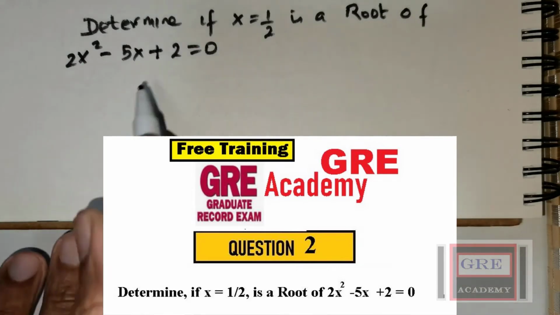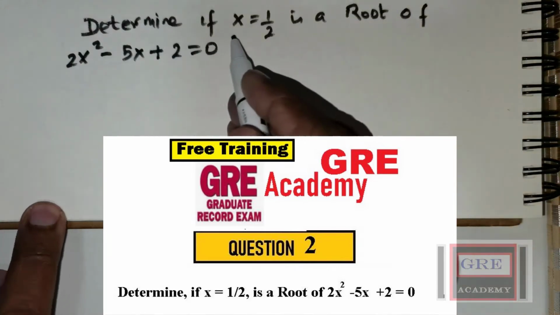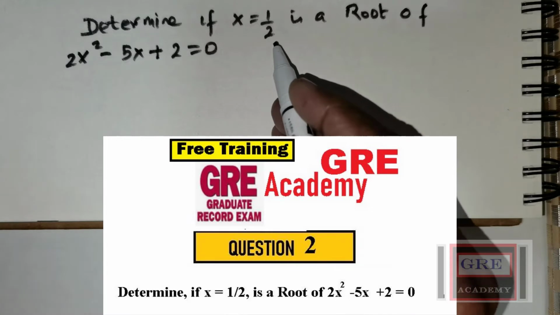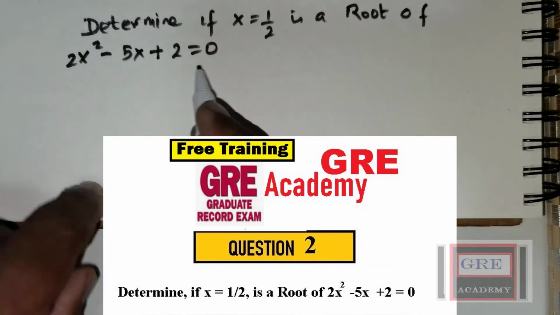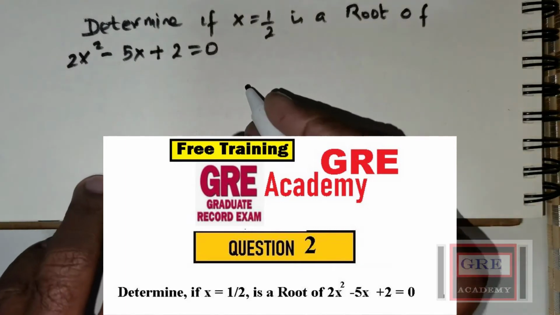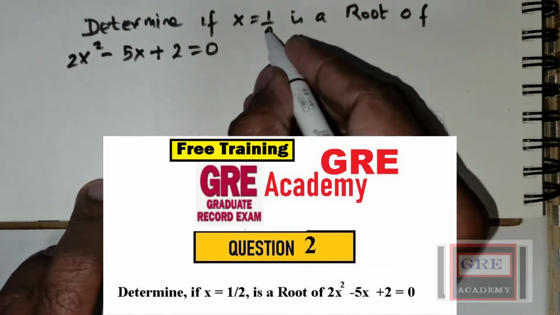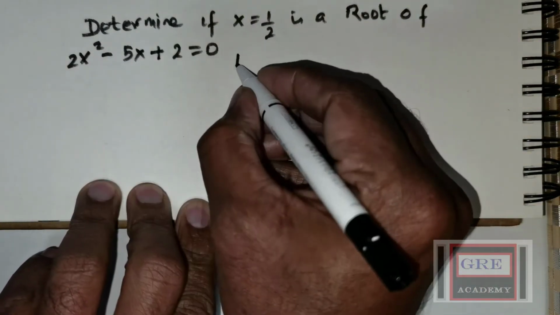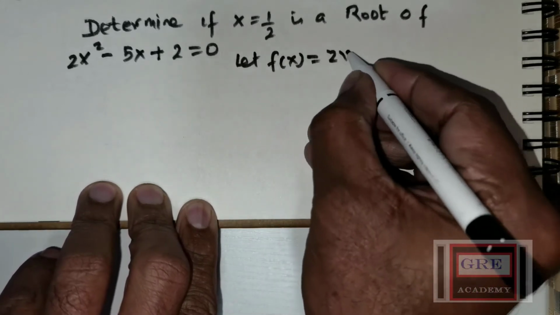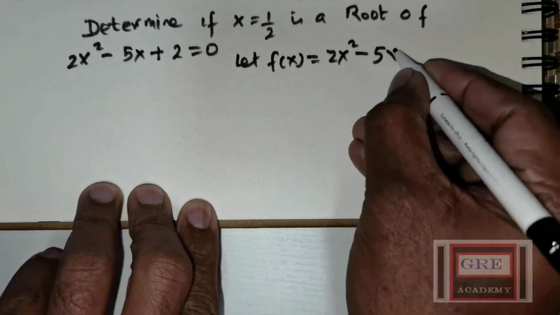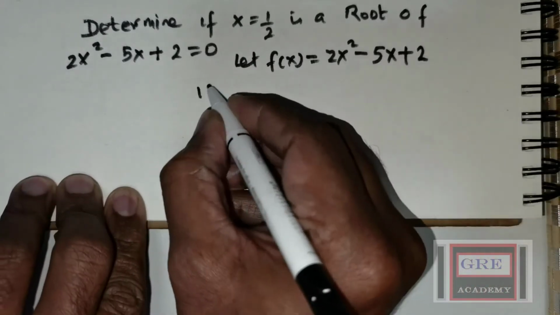Students, we were given this question: determine if x = 1/2 is a root of 2x² − 5x + 2 = 0. Now, let us assume f(x) = 2x² − 5x + 2.